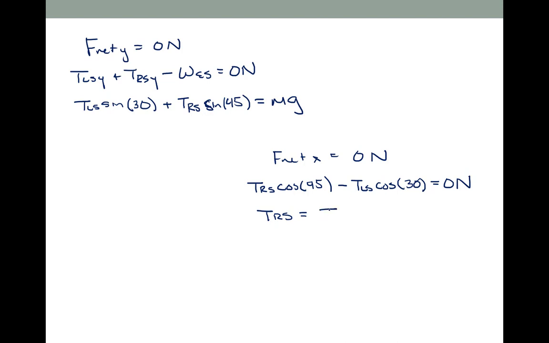So TR will equal TL cosine of 30 divided by cosine of 45. If you put that into your calculator, that works out to be 0.159 multiplied by the left-hand tension.